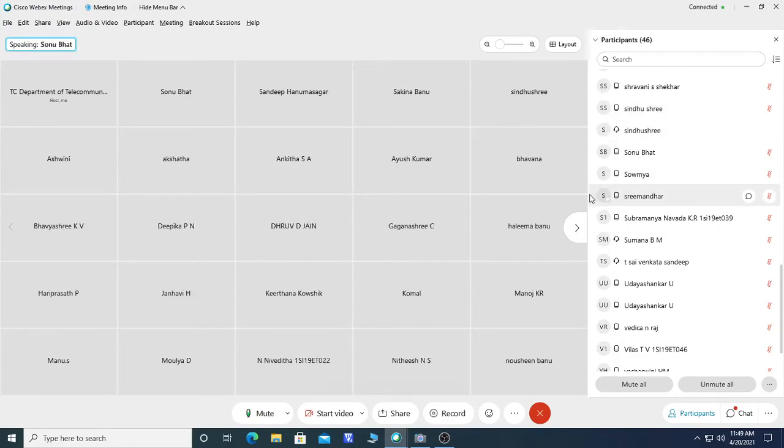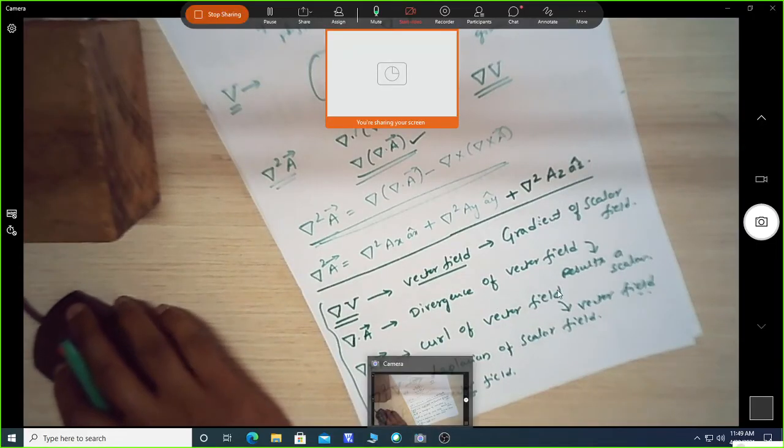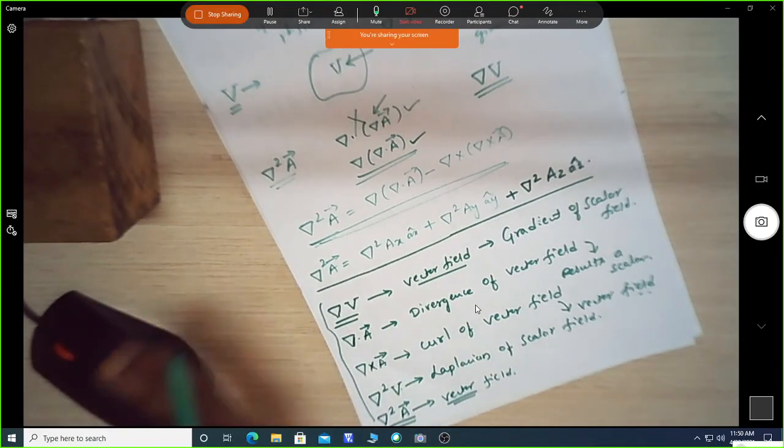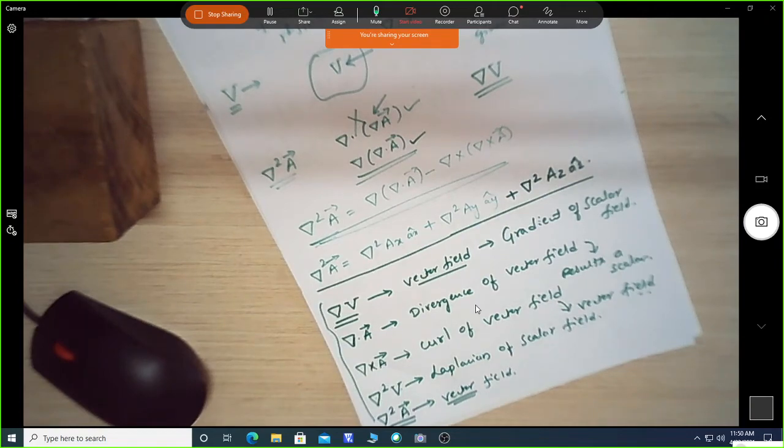Okay, so these are all the operations which we have performed. Whatever we have studied till now is some of the mathematics required to understand further concepts, whatever is actually there in your syllabus. What we have done till now is very helpful. These are some of the basic mathematics required for understanding electrostatics as well as magnetostatics.